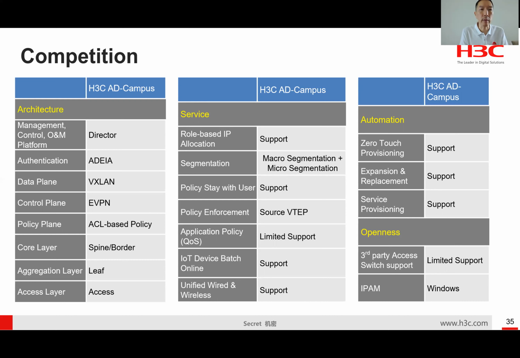If it's proprietary, once you use it, you have nowhere to go. So you can compare our products with our competitors' based on architecture, the ADCampus SDN solutions, the services we can offer, and the automation features. Also, the system is very open. Based on these four areas, we can make reasonable comparisons with our customers.